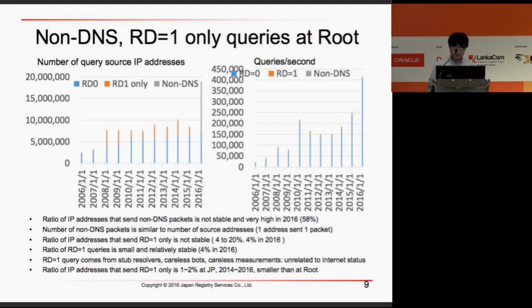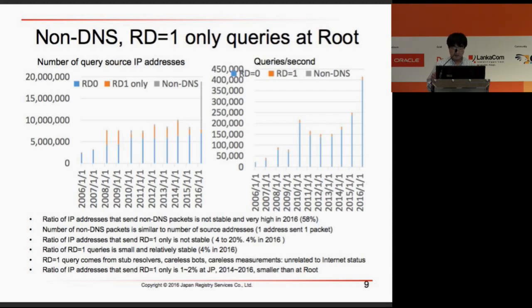The ratio of IP addresses that send non-DNS packets is not stable and very high in the 2016 dataset, 58%. The number of non-DNS packets is similar to the number of query source addresses. One address sent one query, one packet only. And the ratio of IP addresses that send RD set only is not stable, 4 to 20%, 4% in 2016 data.